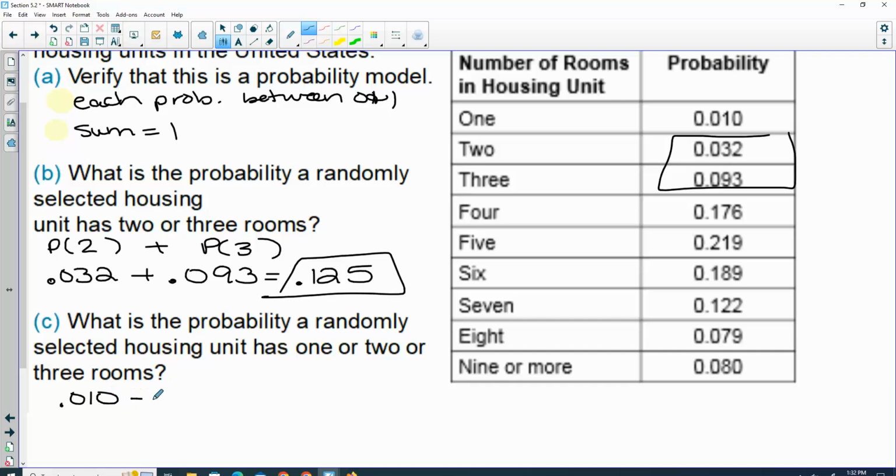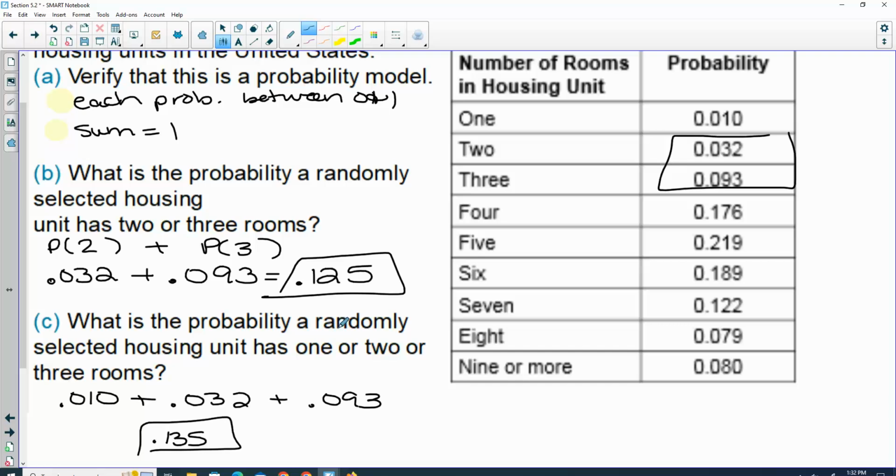So we add the 1 plus the 2 plus the 3. Is that okay?